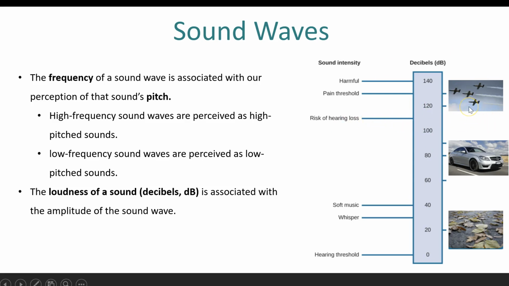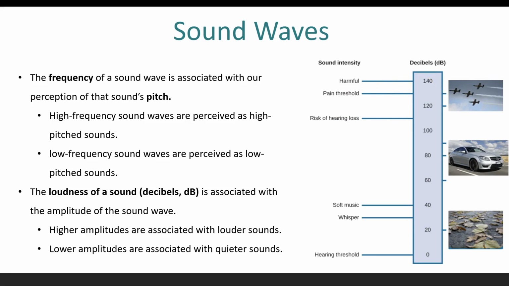This can be an example of jet planes flying. Around 130 is our pain threshold, and around 140 decibels is really harmful for our ears. Higher amplitudes or higher decibels are associated with louder sounds, whereas lower amplitudes are associated with quieter sounds.